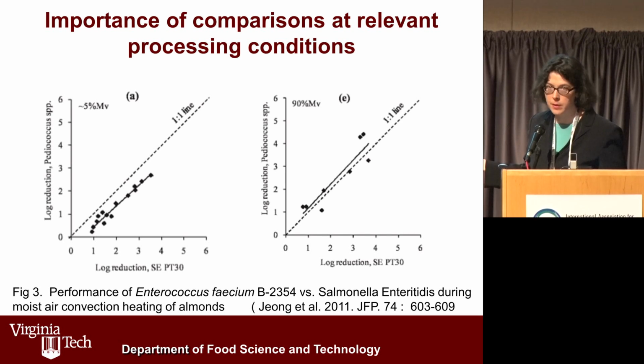We compared the stability of Salmonella and Enterococcus faecium B2354, and we find that inoculation preparation does influence the stability of both the surrogate and the target pathogen. So you have to be very careful in how that inoculation is prepared and how it is applied.